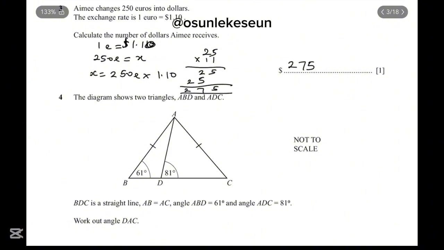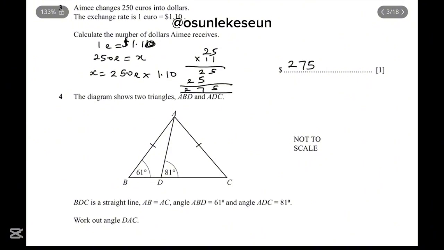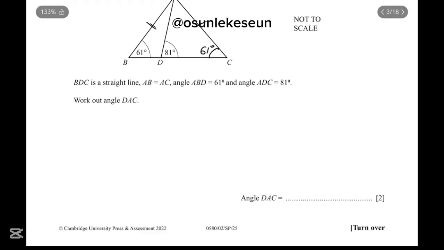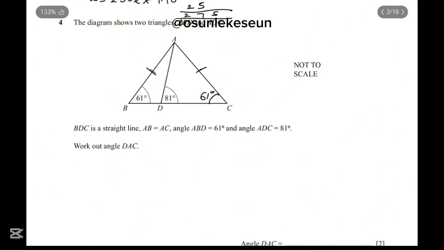So the next question says the diagram below represents triangles ABD, ADC, and ABC. We're told that this and this are equal, so that means it's an isosceles triangle, and if that is equal, definitely this is also going to be 61 degrees.